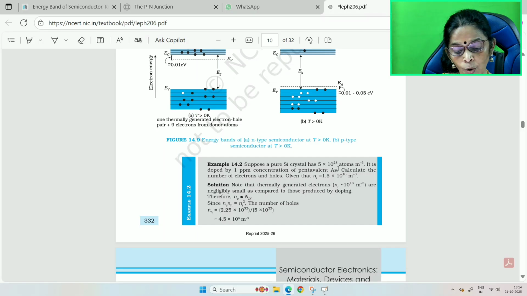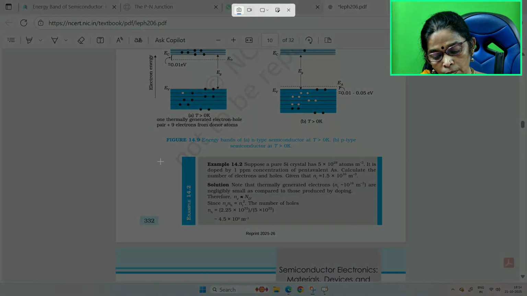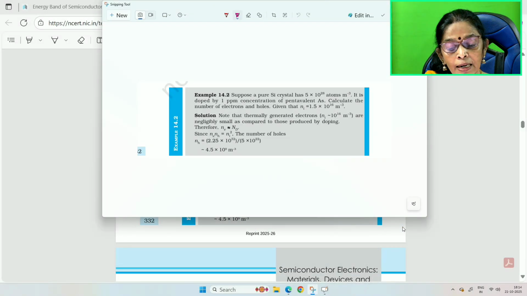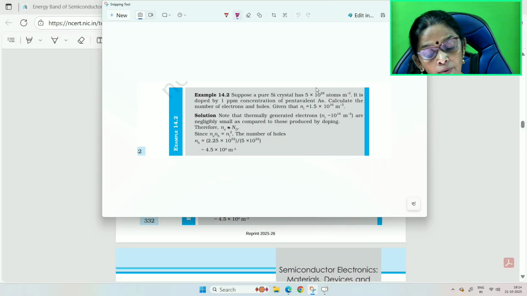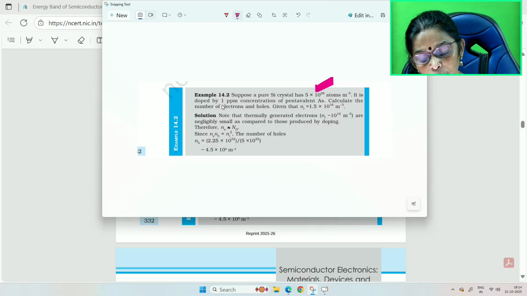Yeah, so now you can say that the pure silicon crystal is given as 5 into 10 power 28, doped by 1 part per million.